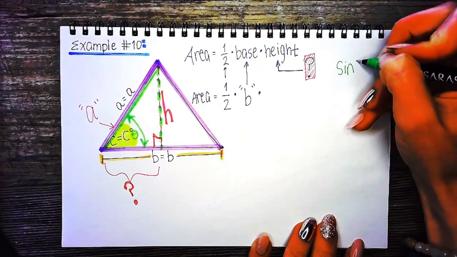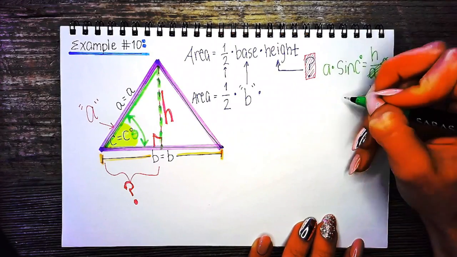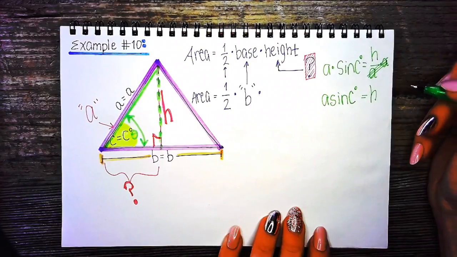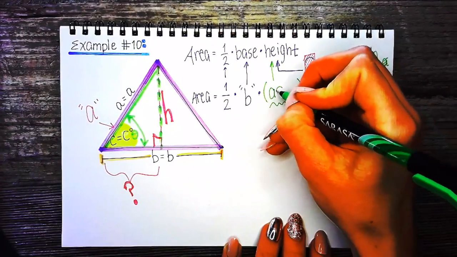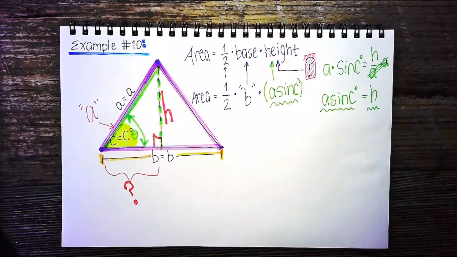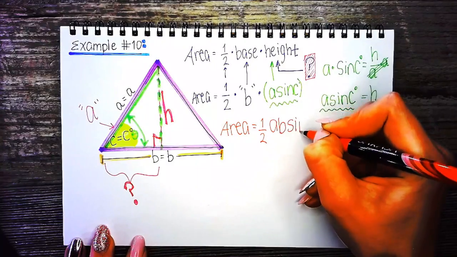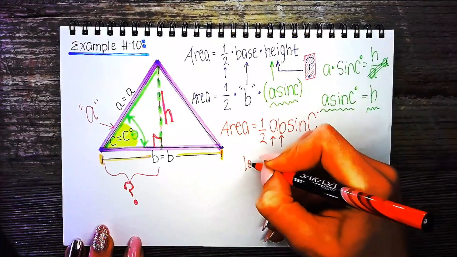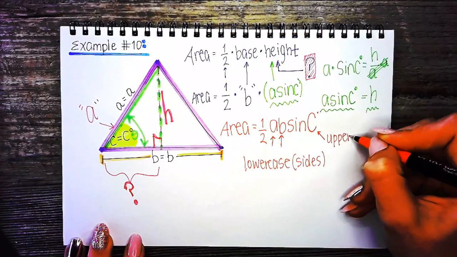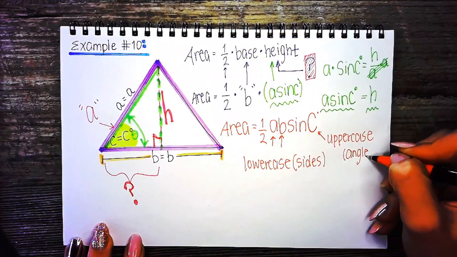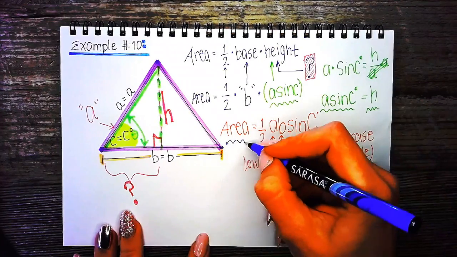The opposite will be H, and the hypotenuse will be A. If I solve for H, I'll do that by multiplying both sides by A. That means H equals A times the sine of C. If I fill A times sine C in for height into my area equals 1/2 base times height formula, I will get area equals 1/2 B times A times sine C, or I could rearrange the A and the B so they're alphabetical, and I'll have area equals 1/2 A B sine C.